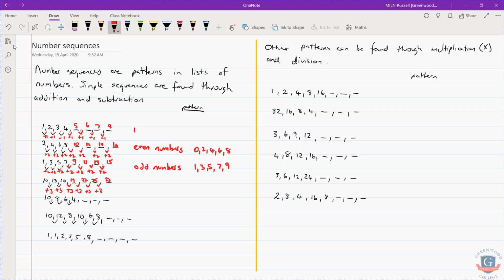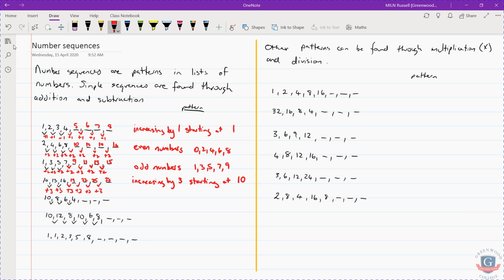So this one was increasing by 1, starting at 1. This is increasing by 3, starting at 10.